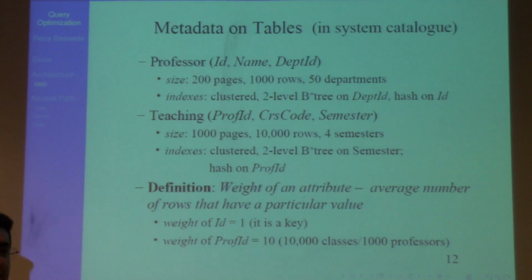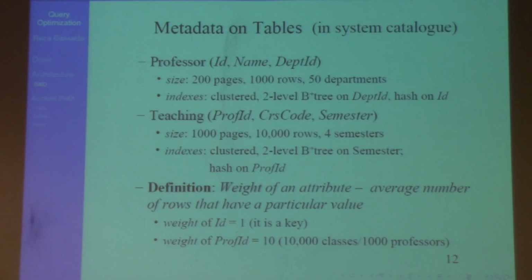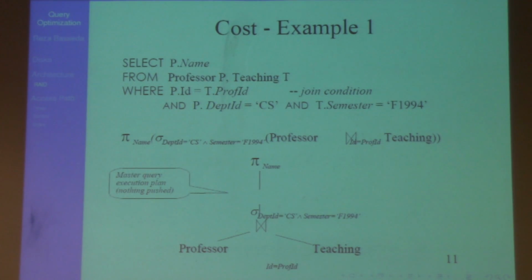Do you have any approximation of how you execute this? First of all, suppose you have a hash index on professor ID and ID. What was the first operation? Natural join, on ID and professor ID.